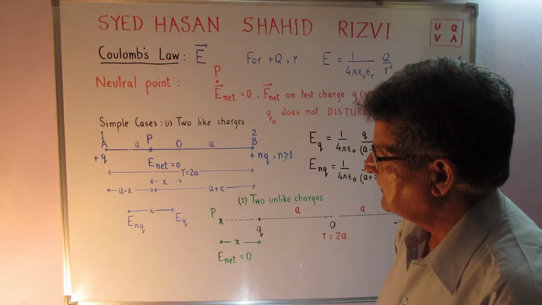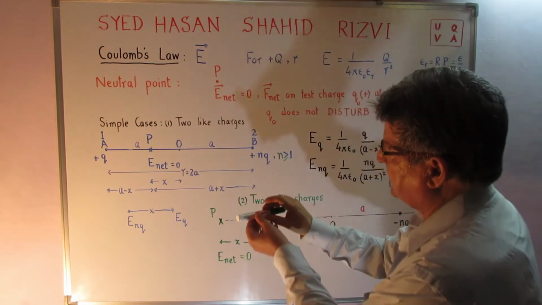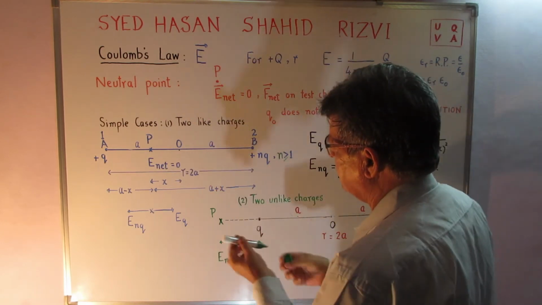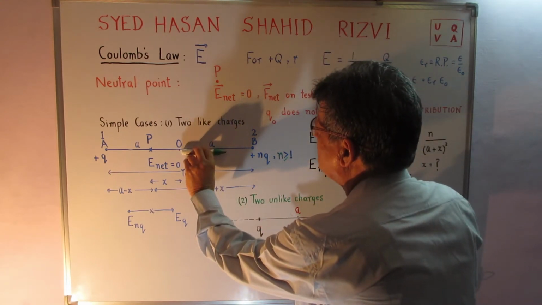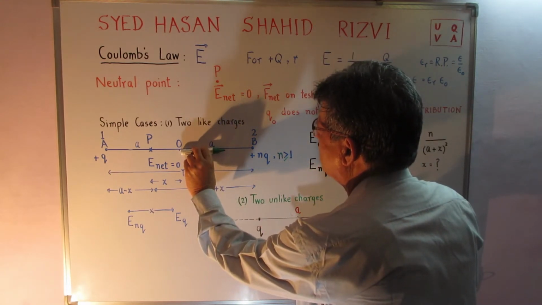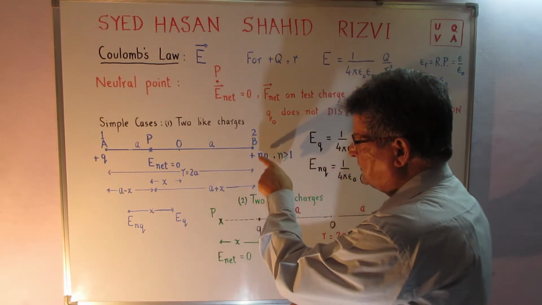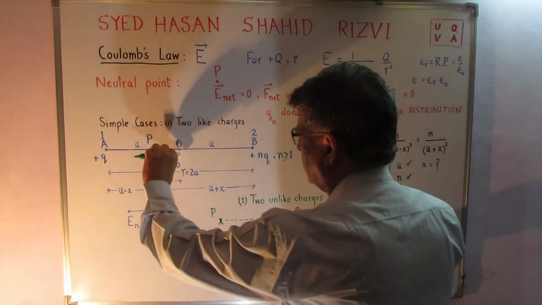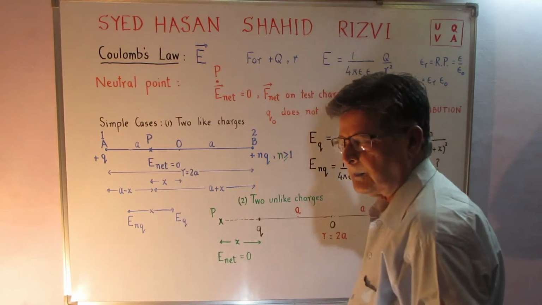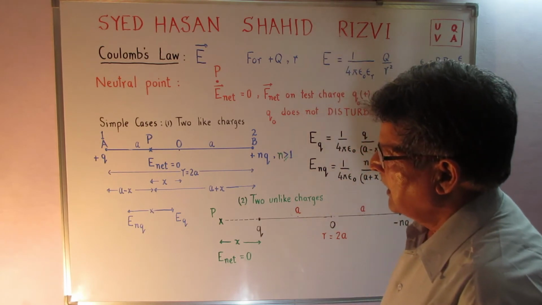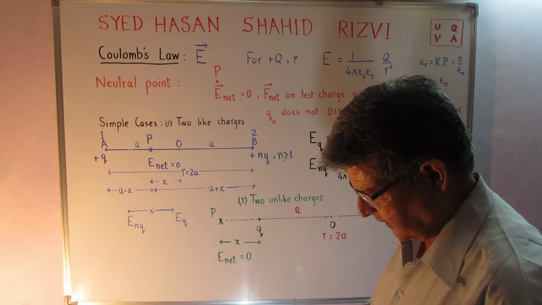Because of the charge plus Q over there, I will get an electric field which will point towards the open end of this pen. And because of this charge plus Q, I'll get this in this direction. The two will be equal over here. This is what the gut says.